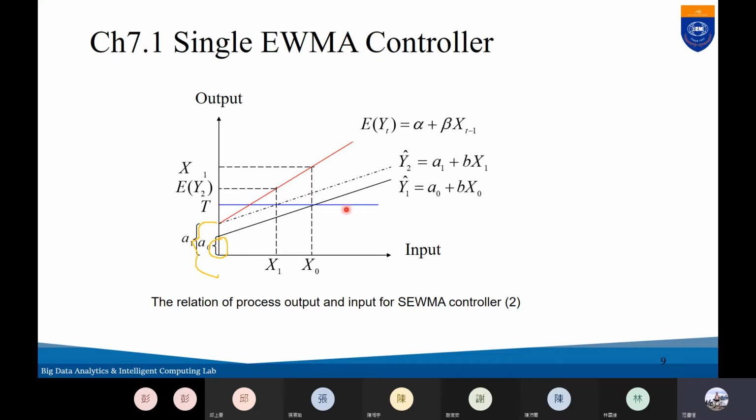This is the target we would like to achieve, and the line has been shifted from the solid line to the dashed line. Then this is XT, the intersection point XT. However, we expect the output should achieve the target T. Actually, it doesn't. Why? When x equals x1, the true response is y2 right here.